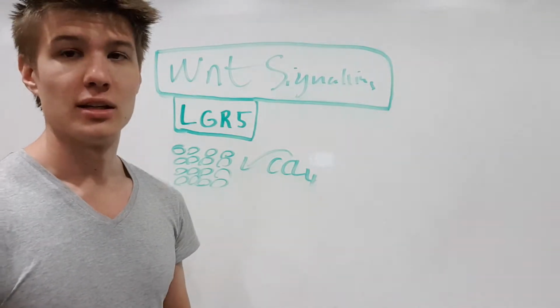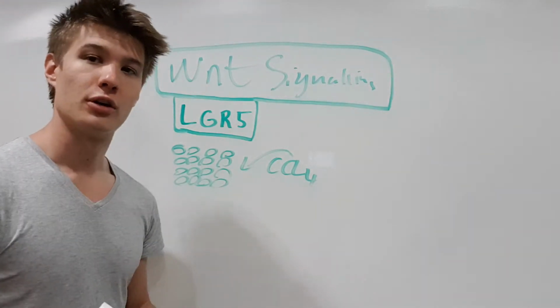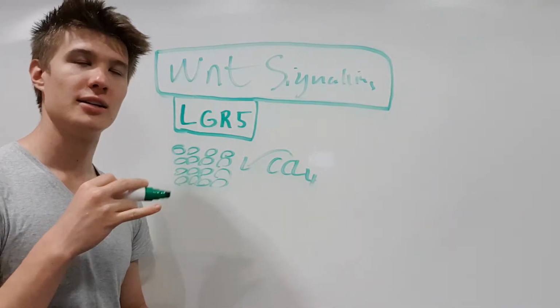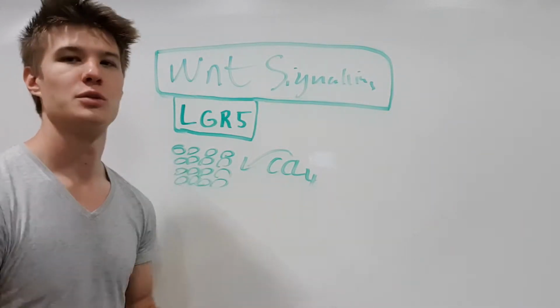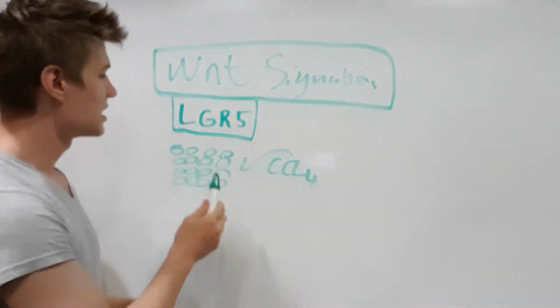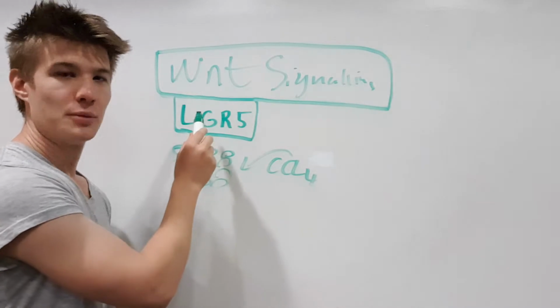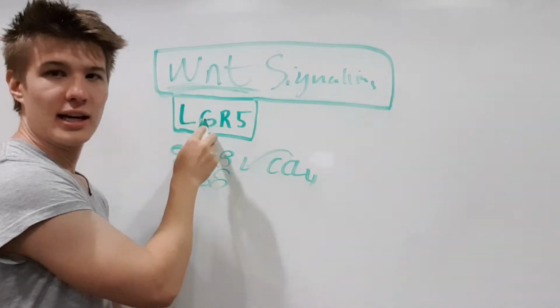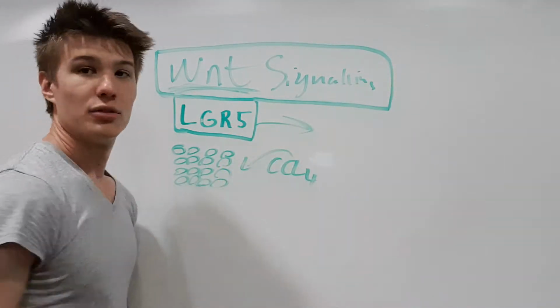And when that Wnt signaling occurs, we know that it's only occurring in the stem cells, so we pull out those cells which are doing the Wnt signaling using LGR5. Makes sense? Damage the cells, they do the Wnt signaling, and when they do, they have LGR5, so we can pull them out using LGR5. Cool? Cool.